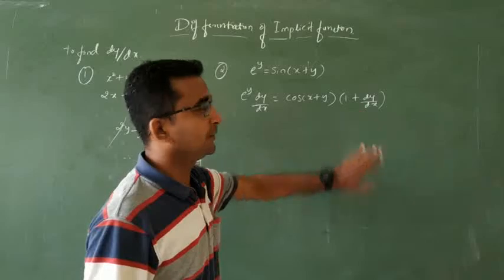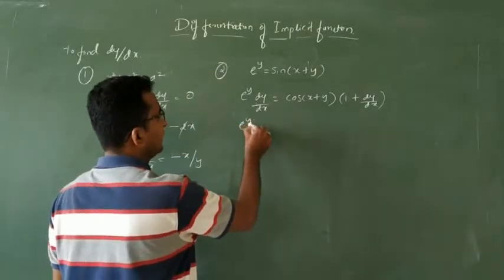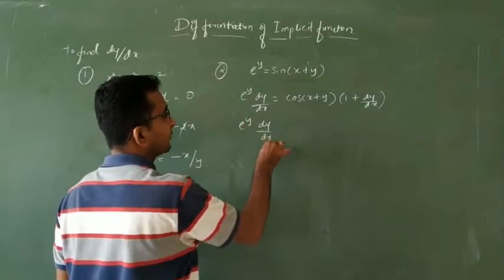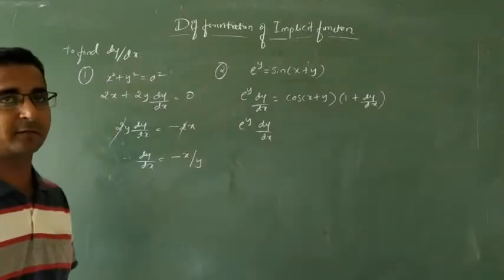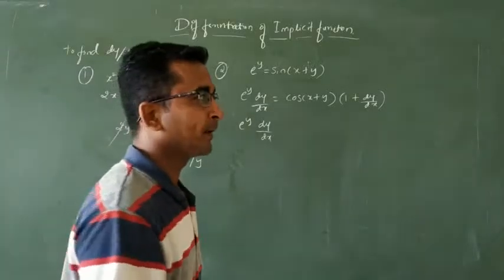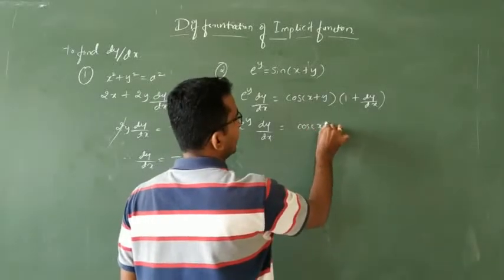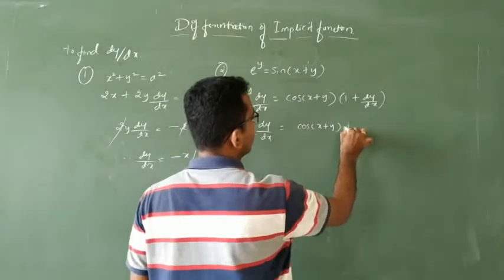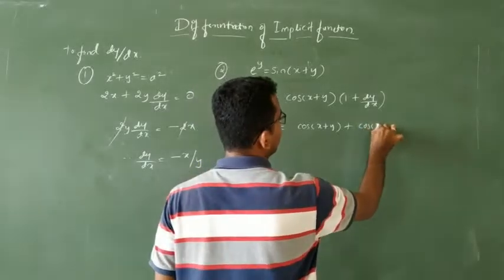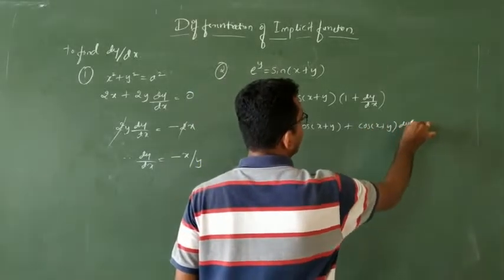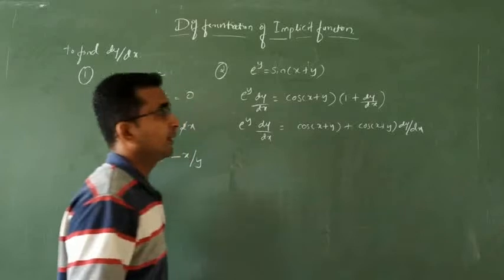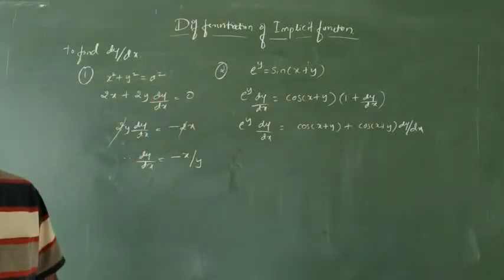So you can multiply this cos of x plus y inside the bracket, because finally I should take the dy by dx to one side and other terms to the RHS side. e raised to y dy by dx is equal to cos of x plus y into 1 is cos of x plus y, plus cos of x plus y into dy by dx. Already I told you that you should take the dy by dx to one side.